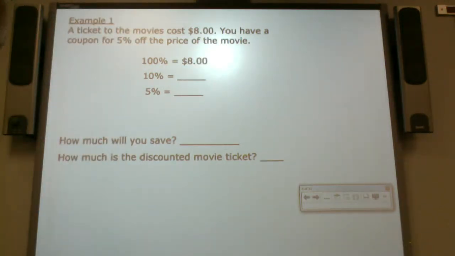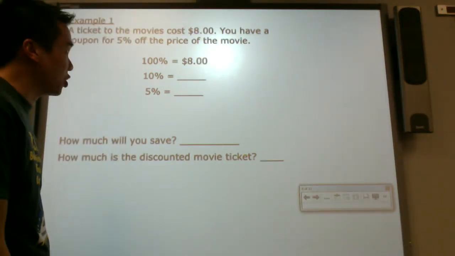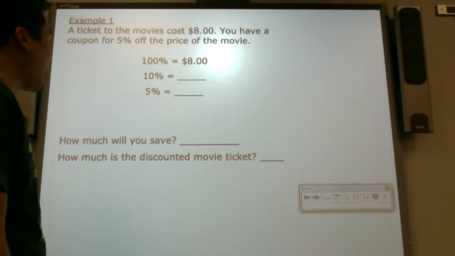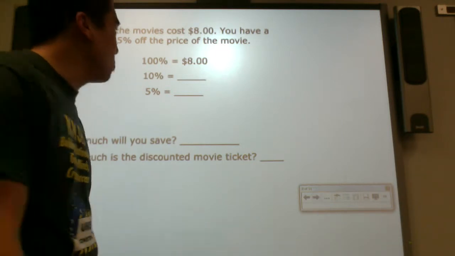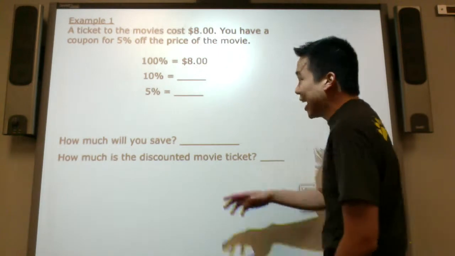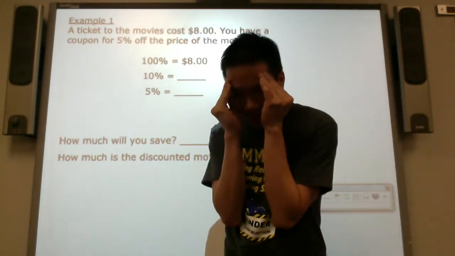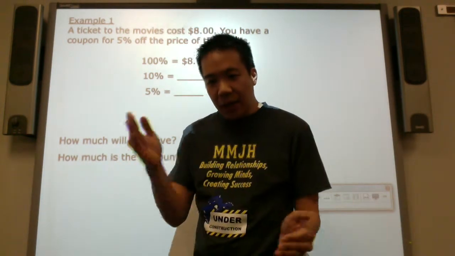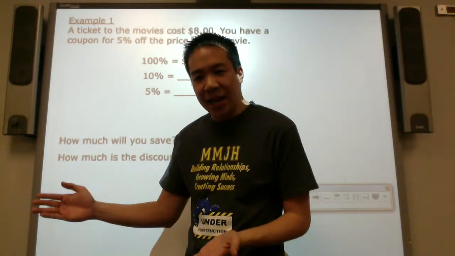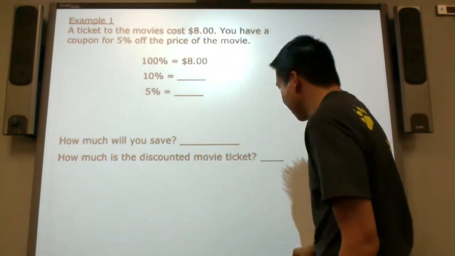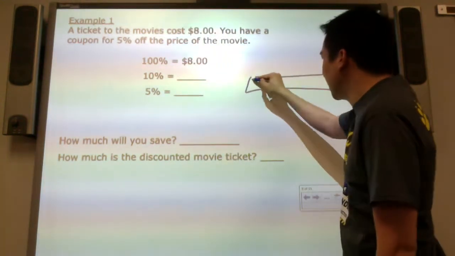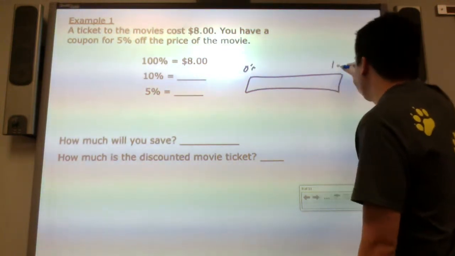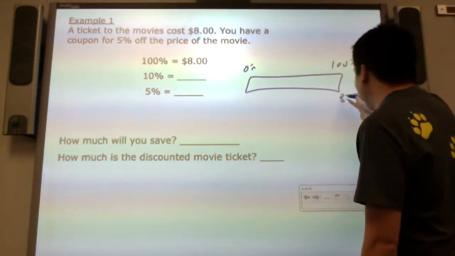A ticket to the movies costs $8. You have a coupon for 5% off the price of the movie. Let's calculate 10% first. If I break $8 into 10 sections, here's the visual: 0%, 100%, and you have $8 right here.